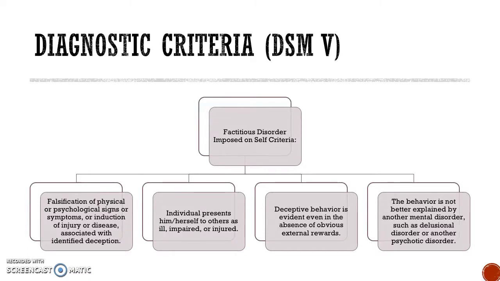Also, the individual presents him or herself to others as ill, impaired, or injured. Deceptive behavior is evident even in the absence of obvious external rewards, such as monetary rewards, time off of work, being home from school, etc. And lastly, the behavior is not better explained by another mental disorder, such as delusional disorder or another psychotic disorder.